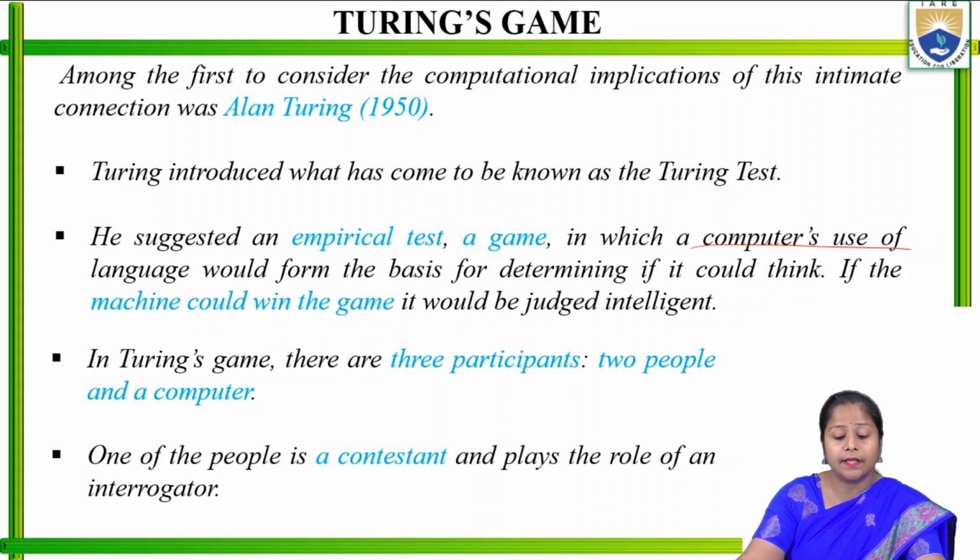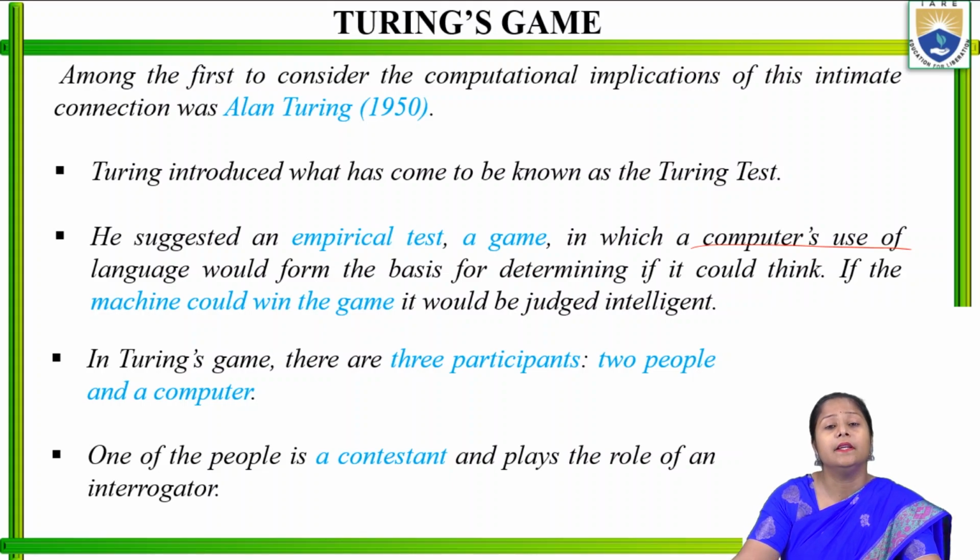If the machine could win the game, it would be intelligent. The machine cannot tell who is actually playing, whether a player or a machine, but on the basis of different game plans it can be determined whether the machine is going to win or not.